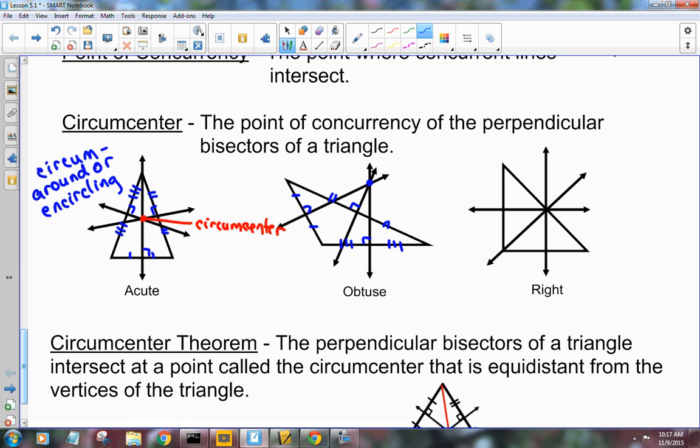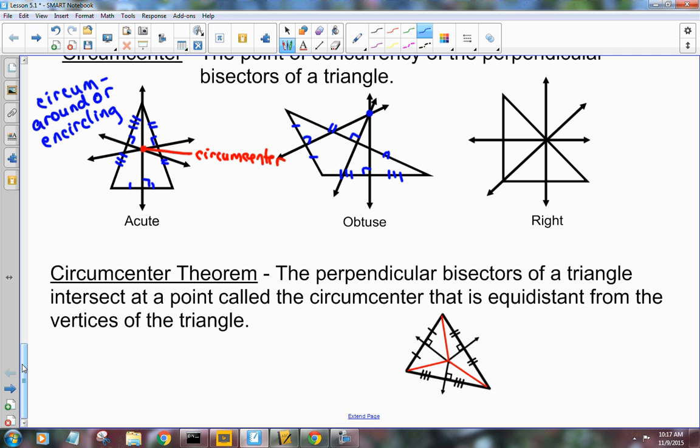Now, that point also has another relationship, okay, and that we get from the circumcenter theorem. And it says that the perpendicular bisectors of a triangle intersect at a point called the circumcenter that is equidistant from the vertices of the triangle. So, you look at this picture down here at the bottom, each one of these black rays are perpendicular bisectors. Notice that they all intersect at this point. That point is called the circumcenter.